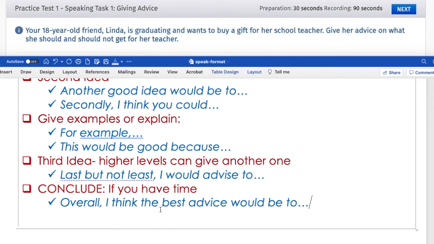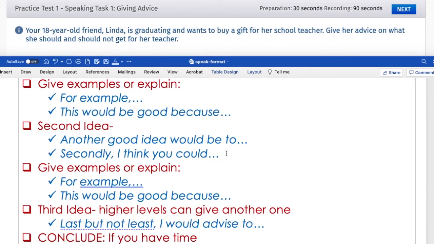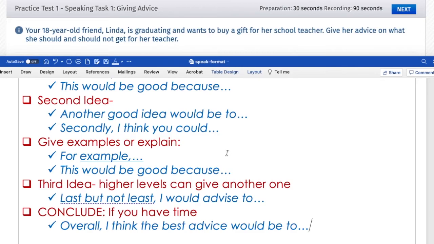And here you just want to conclude by saying, overall, I think the best advice would be to get her something that she can remember forever and something that would make her feel special, for example. Okay, so that's a good way to develop answers using a guided response.